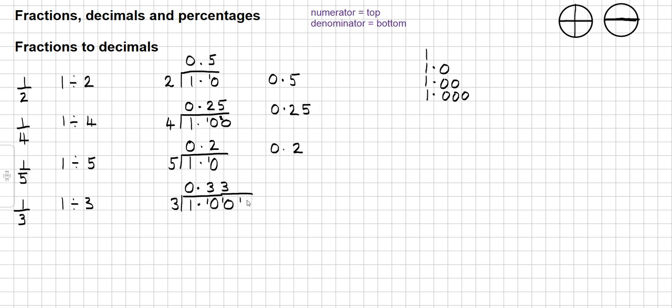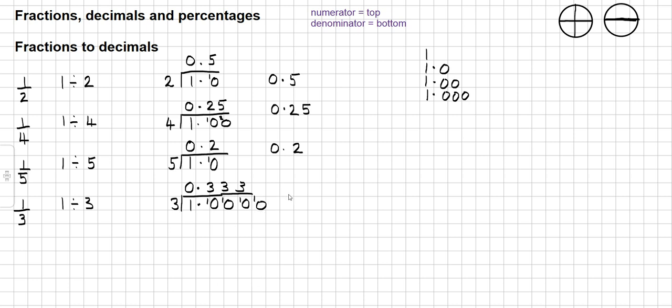1 left over. And what you see here, hopefully, is that this is just going to carry on. We're always going to have 1 left over, which is going to create 10 in the next column. And so this pattern's going to emerge where we just keep having 3's into 10 goes 3 times, 1 left over, and so it goes on.